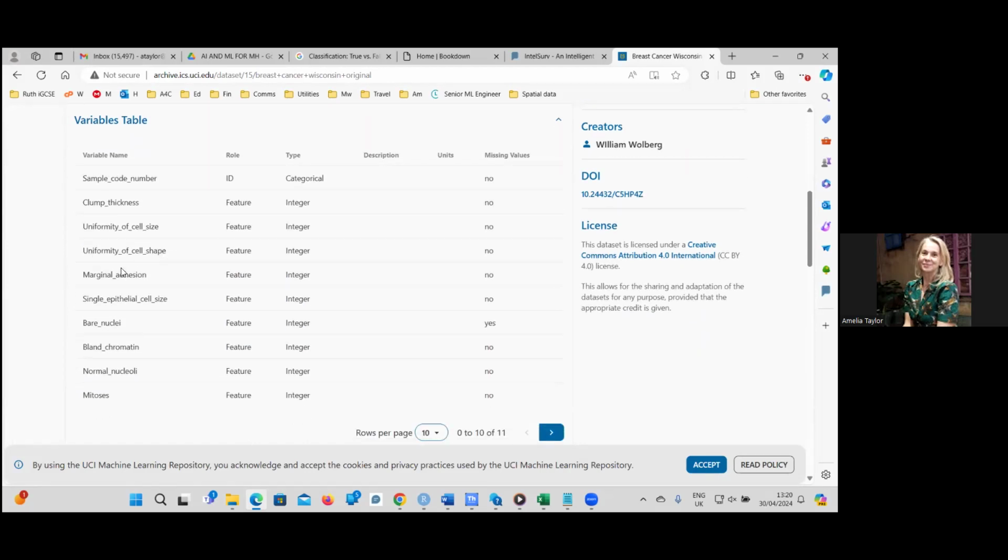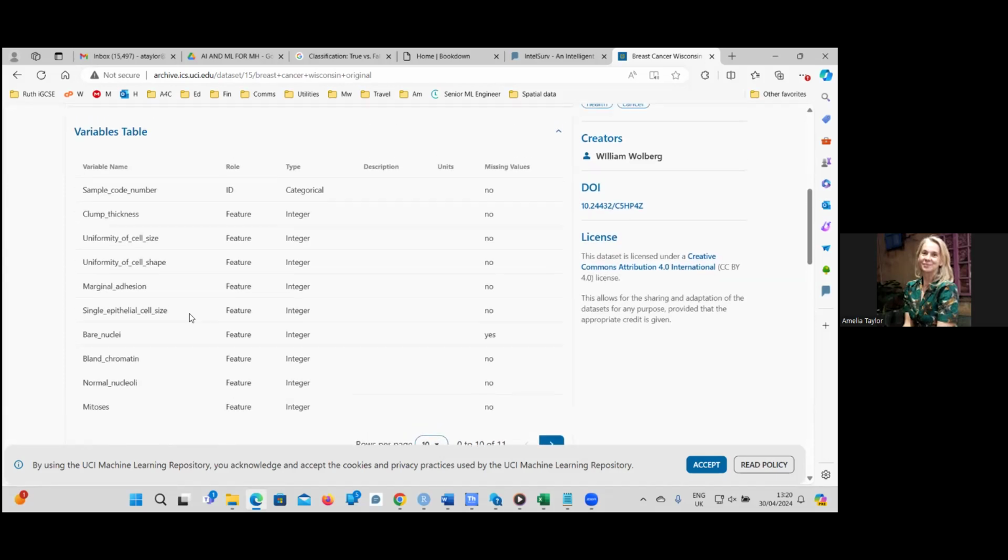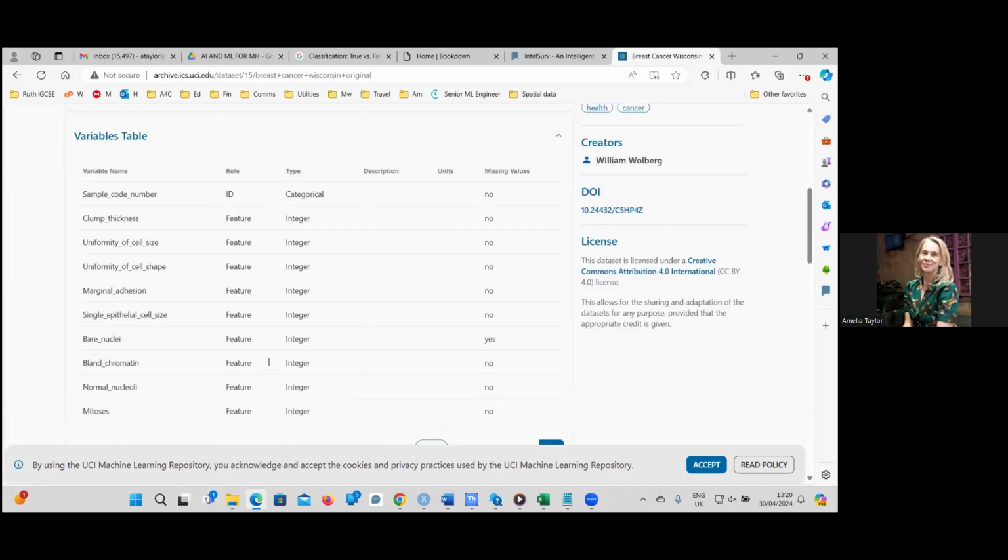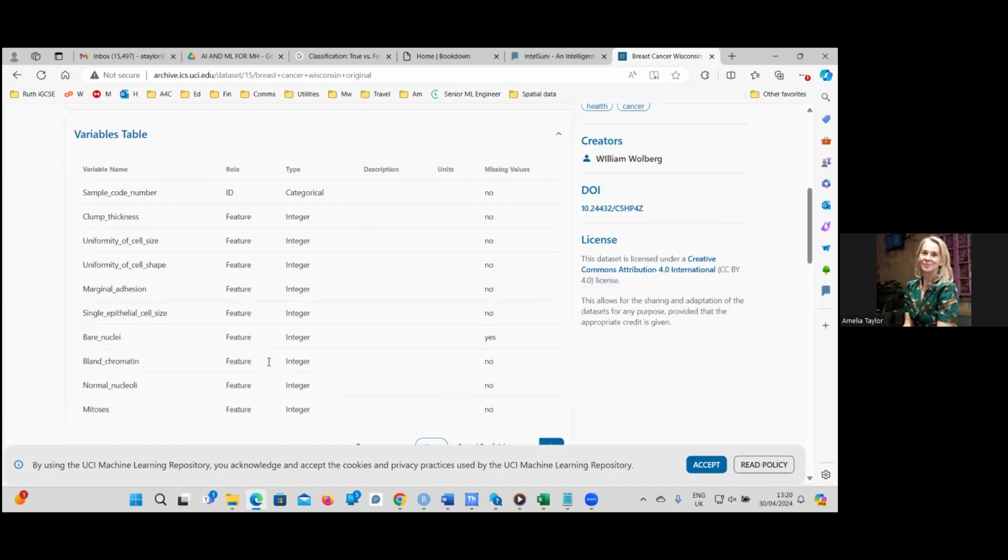So these are all observations, and you can see they are integer observations, marginal adhesion and bare nuclei and so on. So you can see here that there are quite a number of characteristics.